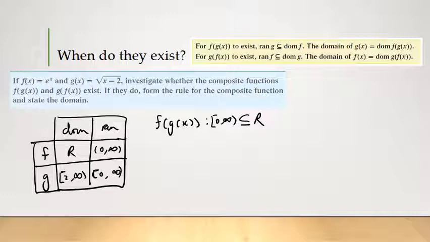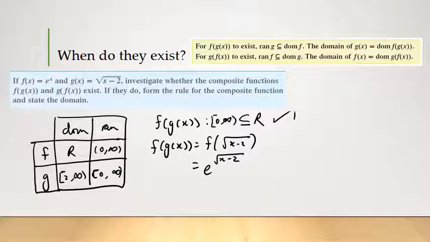So this is a true statement. 0 to infinity is within the reals, so that works and that function exists. Then f of g of x would be f of square root of x minus 2. Wherever we see x, we replace it with that. So that's e to the power of square root of x minus 2.